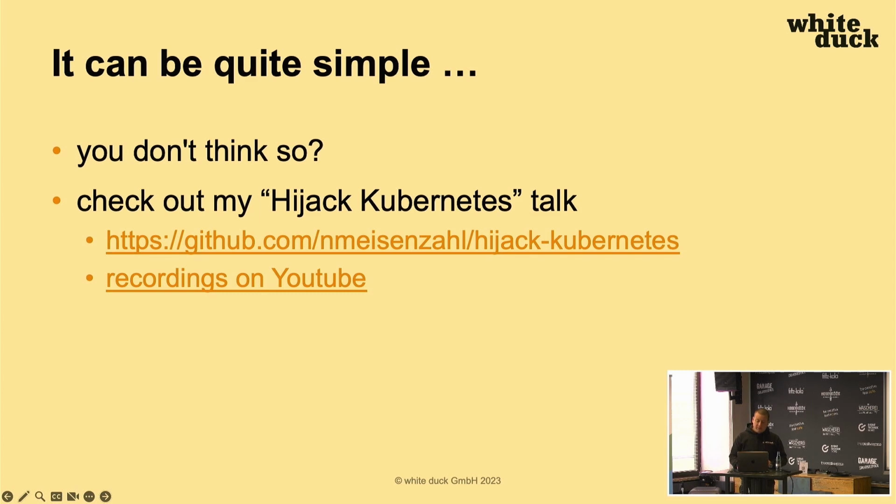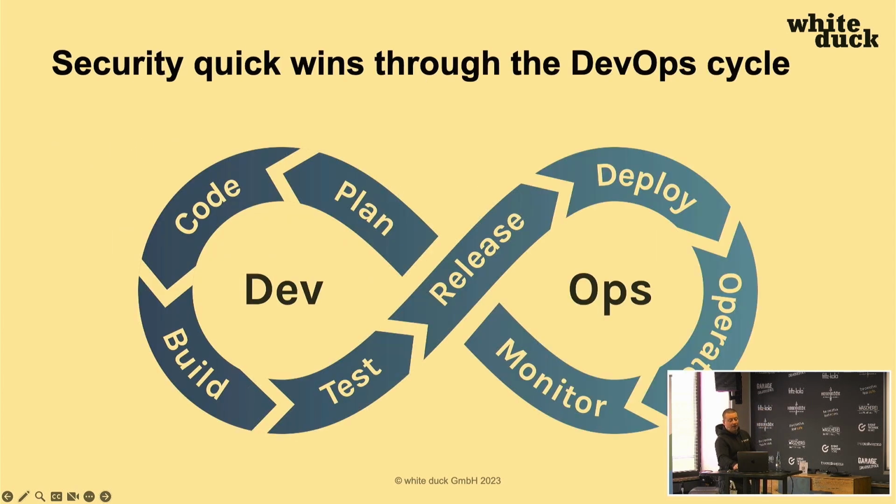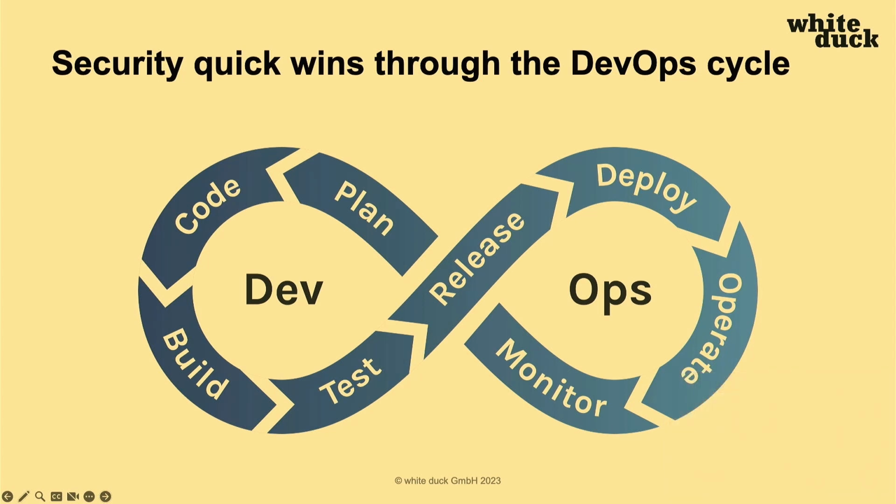To do so, I'm a big fan of basically going smaller steps, doing best practices first, trying to get quick wins instead of thinking about a security project, thinking for, I don't know, 2 years, and then after 2 years maybe starting to implement something.